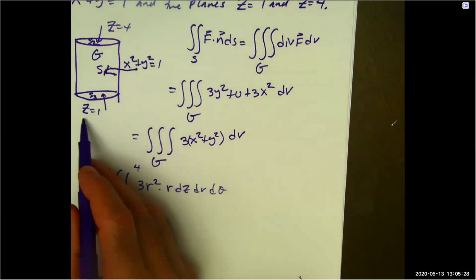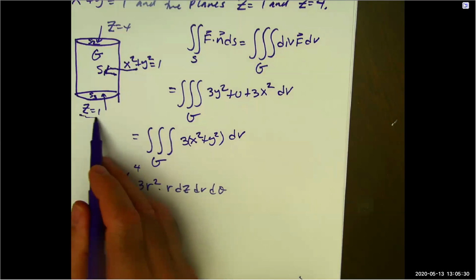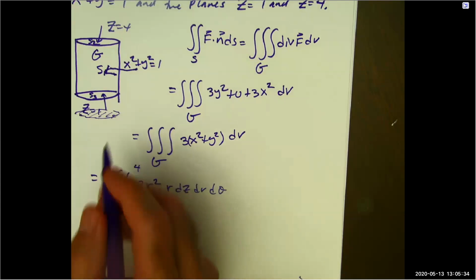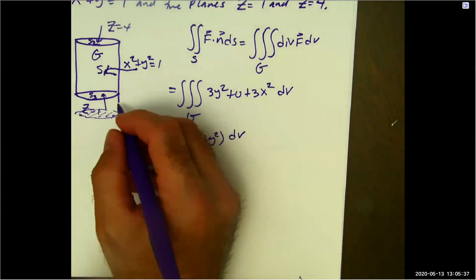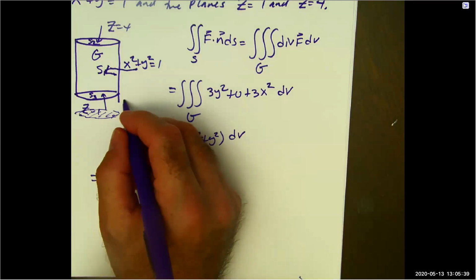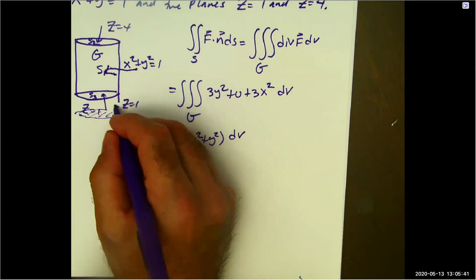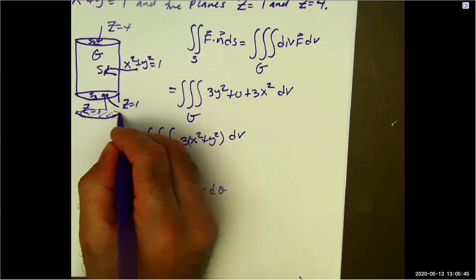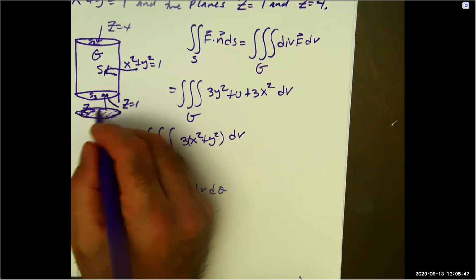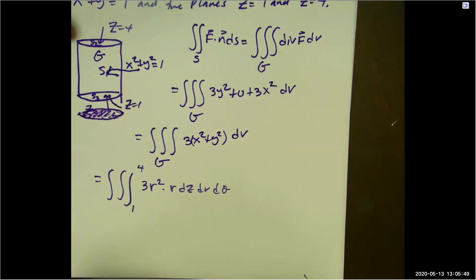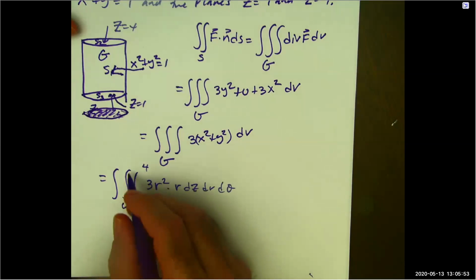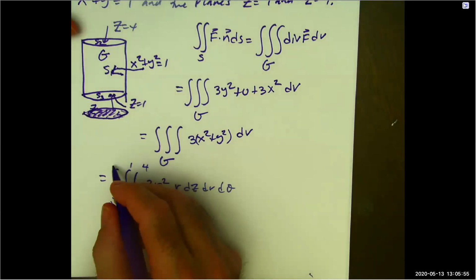That disk would be right down there that you're integrating over. This is z equals 1 right here. And then this is like your D that you're integrating over down here, like your projection of it. And so then r is going to go from 0 to 1, and theta goes from 0 to 2 pi.